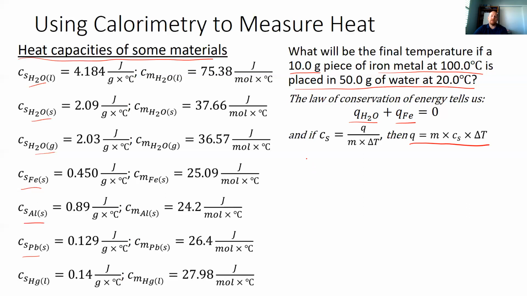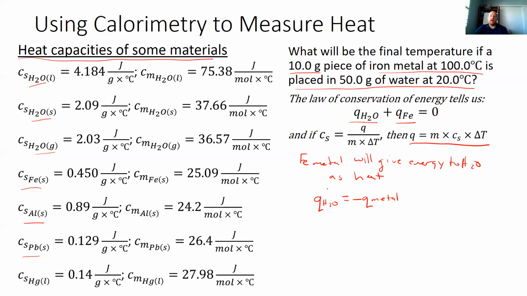Something we should keep in mind is that iron metal will give energy to the water as heat. So Q for the water will equal negative Q for the metal.